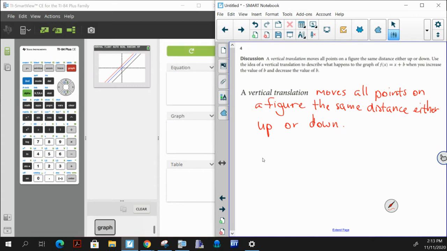Vertical translation. That's found when we add to x.